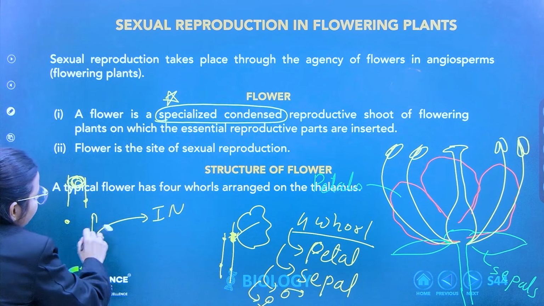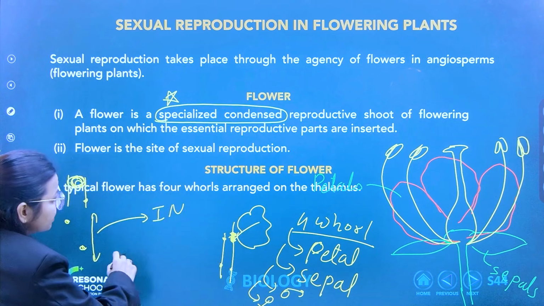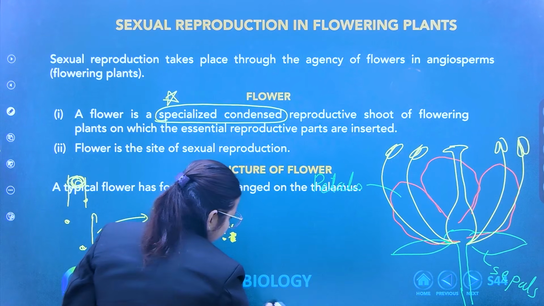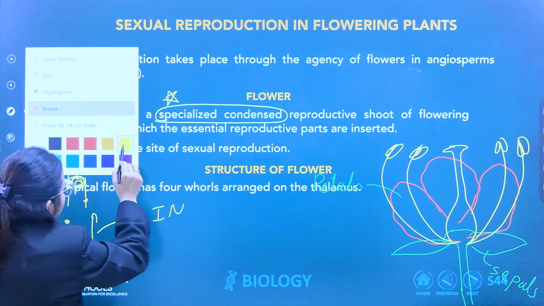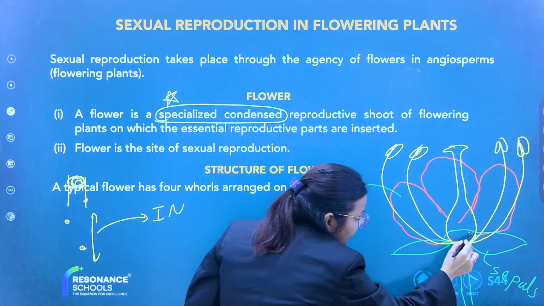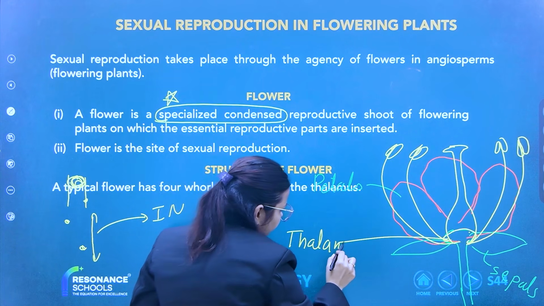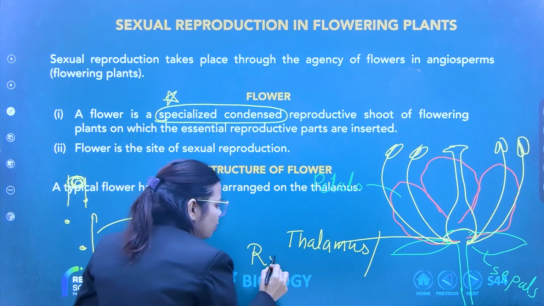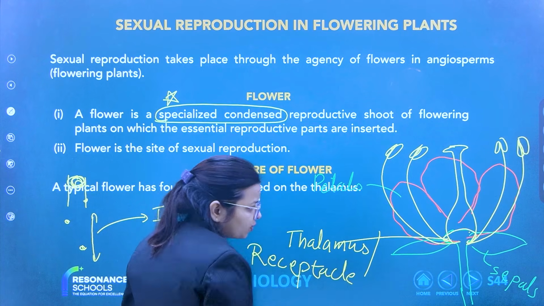A typical flower has four whorls arranged on the thalamus. Now what is thalamus? This part, this bulge portion, is called the thalamus. The other name for thalamus is receptacle.